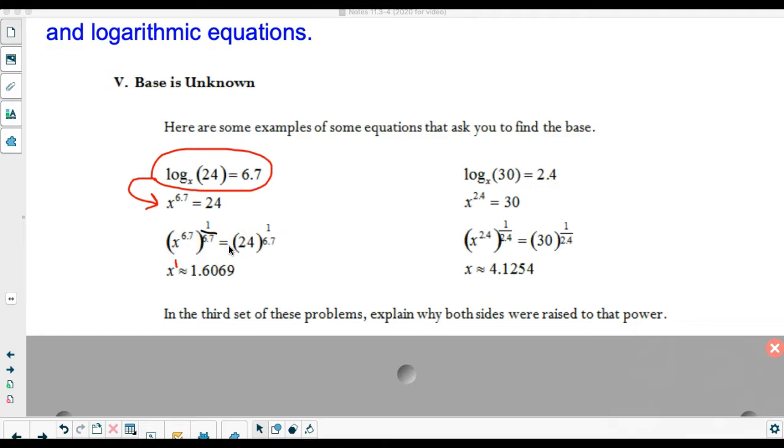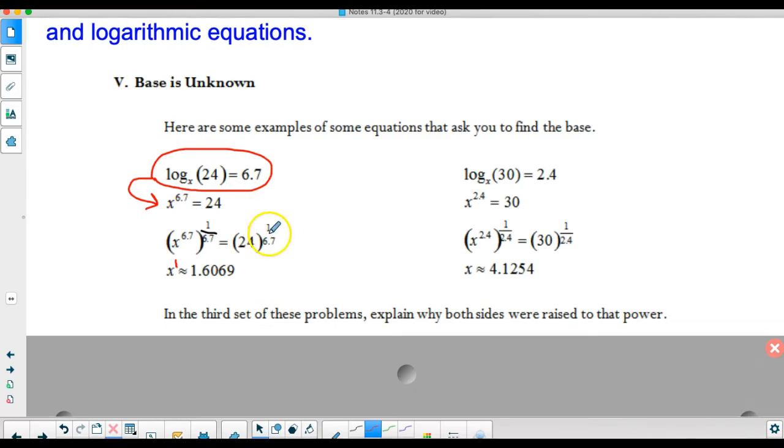I don't want to take the 6.7 root, so I'm going to raise both sides of this equation to 1 over 6.7. When I take 6.7 times 1 over 6.7, I get x to the first power. And I can type into my calculator 24 raised to the 1 over 6.7.